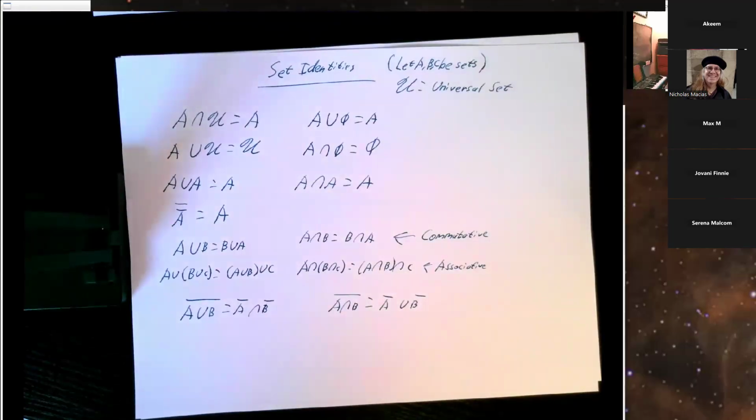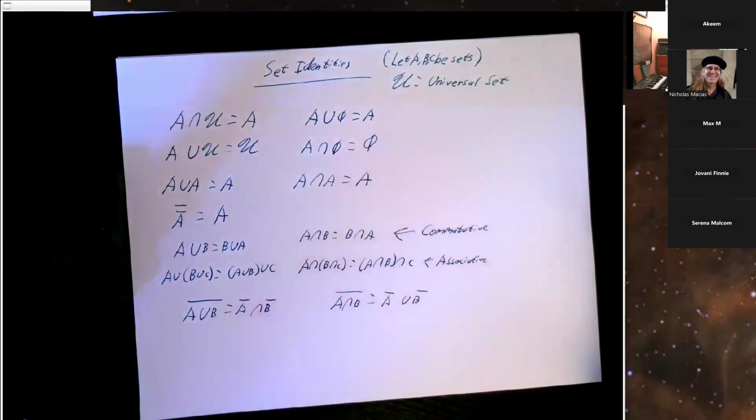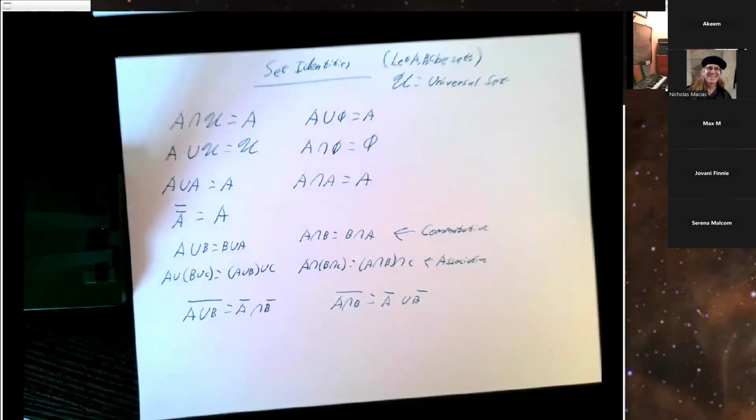So let me ask you a question. Does any of this look familiar to something else that you might have studied? I think there was something similar. It was like Engineering 250.